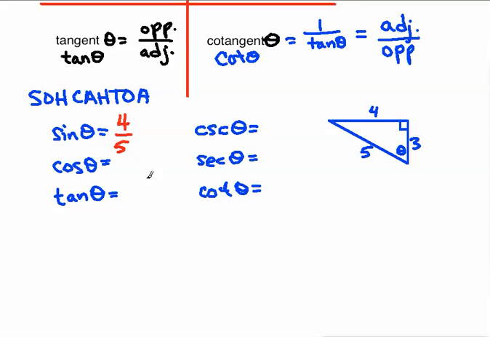Alright, let's do cosine. Cosine is adjacent, which will be our 3. Hypotenuse is never considered adjacent. So 3 over the hypotenuse, which is 5. And then tangent of theta is opposite, so 4 over adjacent, which is 3.